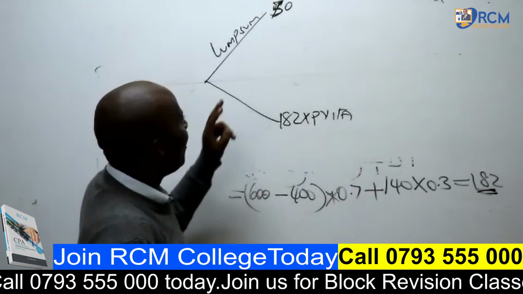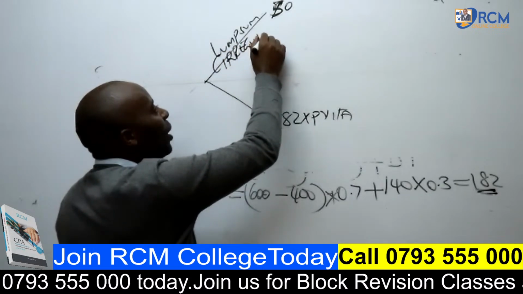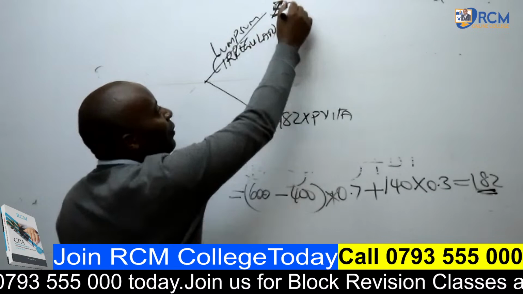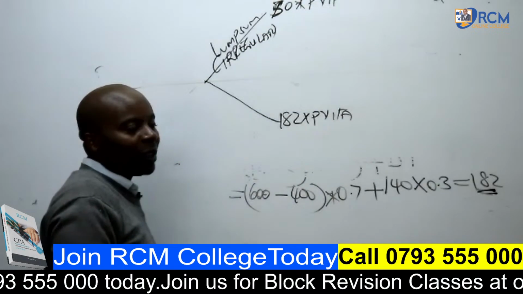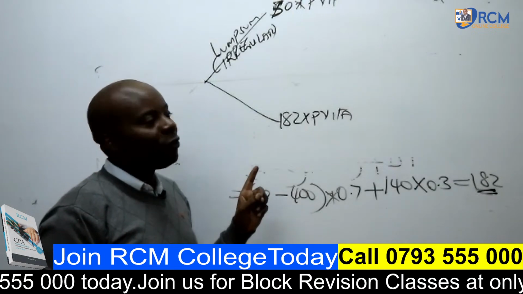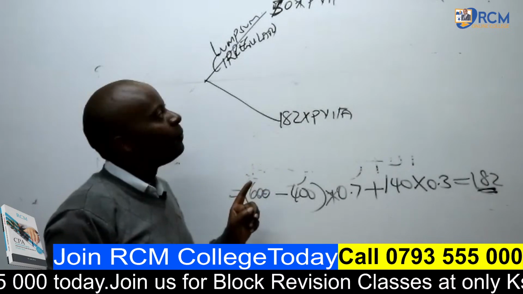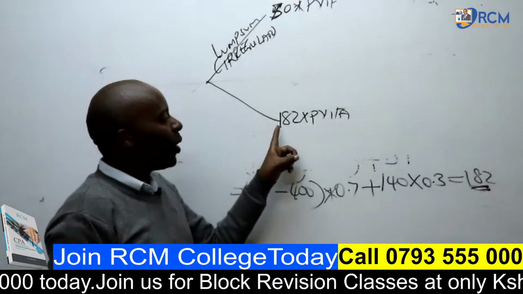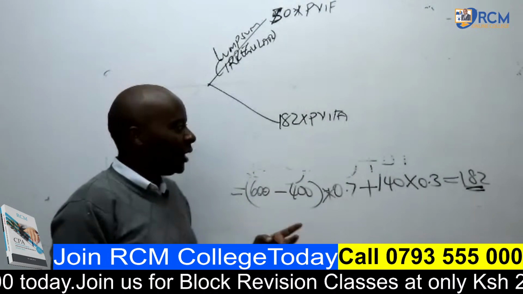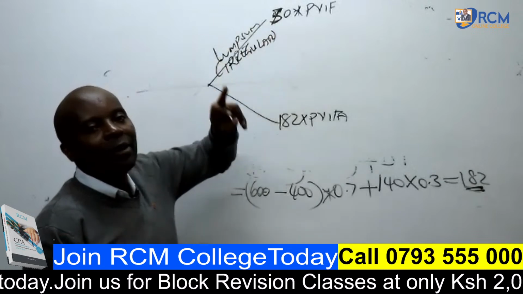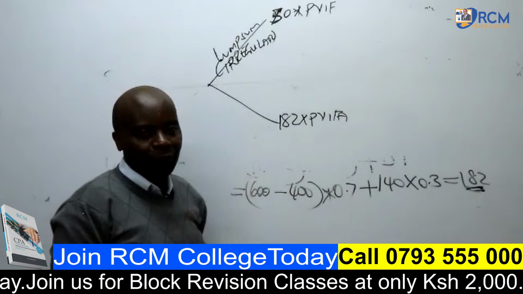So if it's a lump sum amount, it will be called an irregular cash flow. And if it's an irregular cash flow, then I'll have to multiply it with the PV. Remember, the 182 is an annual figure, so it's a PV annuity thing. But this terminal cash flow, which is coming to us at the end of year 3, is the PV.